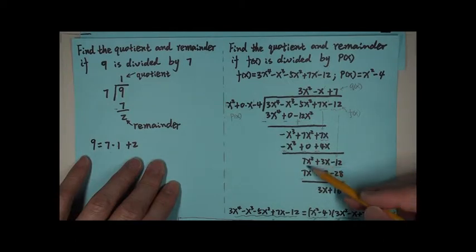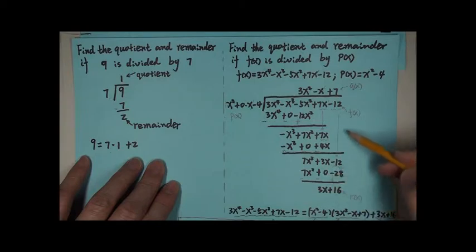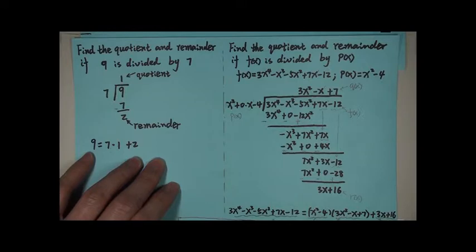If you switch the sign, those two cancel each other, positive and negative. 3x minus 0 is 3x. And negative 12 plus 28 is positive 16. So right here, what do we have?